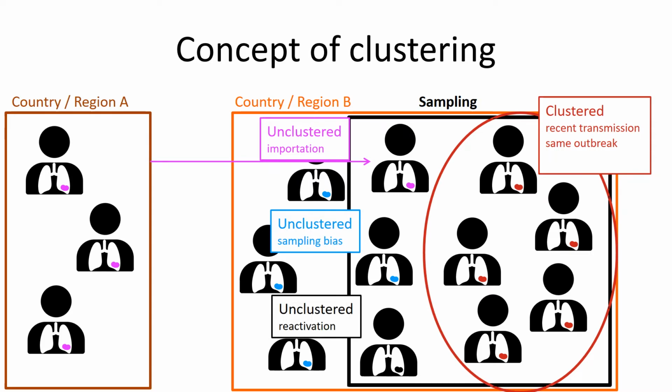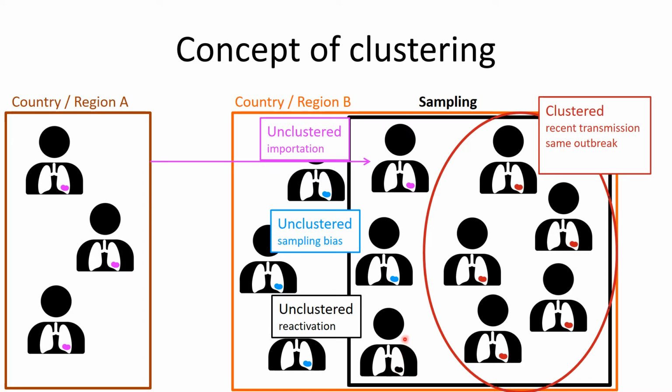Finally, another reason you will find in the literature why a patient could be unclustered would be a case of reactivation of a latently infected patient who was infected many years ago with a strain that was circulating at that moment in the population, but that strain, the black strain, is not circulating anymore in our population.